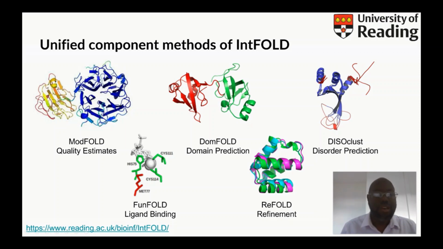Additionally, the server uses DomFOLD to predict structural domains and is able to color these structural domain differences of the model. The server also uses the DISOclust method to predict disordered regions of the model.